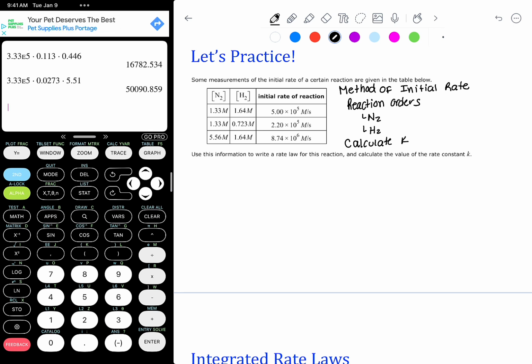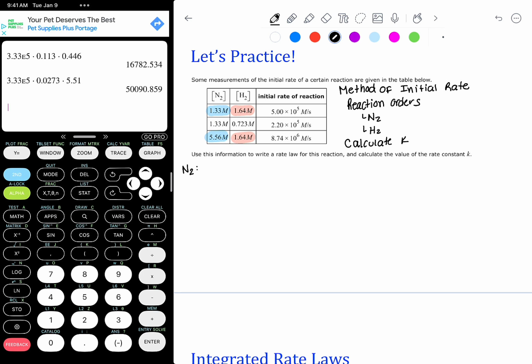Okay, let's start with finding nitrogen, N2. Let's look at where its concentrations vary. So it starts off in its control as 0.33 molar, and in experiment 3, that's when its concentration varies. And we can see that in 1 and 3, the concentration of hydrogen is constant, so we can use those two experiments.